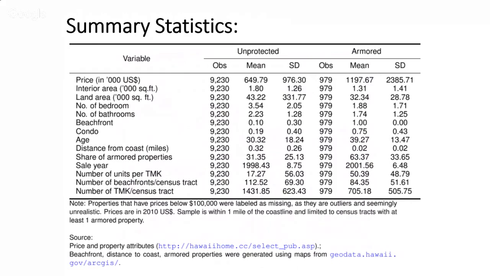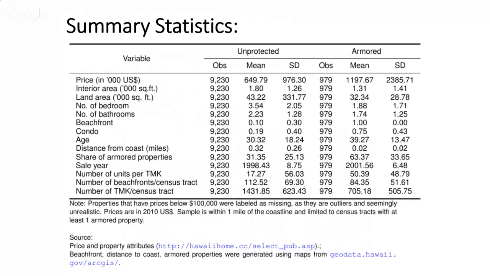So we considered interior area, land area, number of bedrooms, bathrooms, whether it's a beachfront, whether it's a condo unit, age of the house, distance from the coastline, the share of armored property in a particular census tract, the number of units per tax map key, meaning we differentiate a house versus an apartment versus a big condo unit which has a lot of units in a particular tax map key.